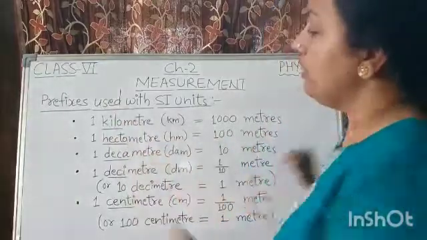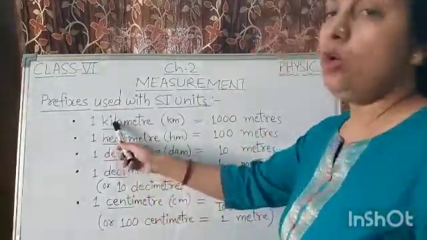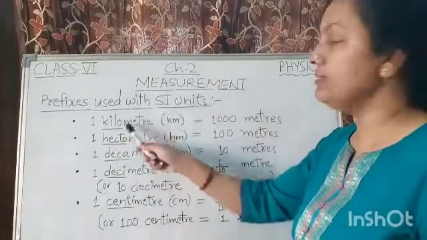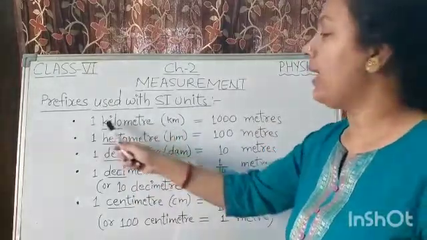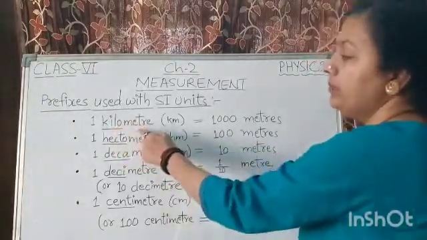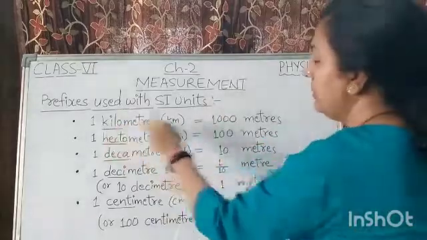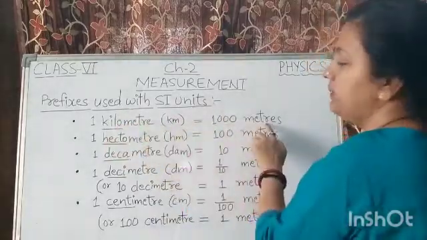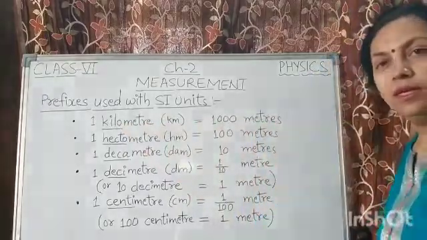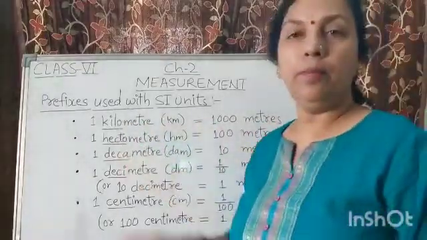So if we write kilo before the unit of length, that is meter, it becomes 1 kilometer. So 1 kilometer represents kilo, meaning 1000, and meters. So 1 kilometer is equal to 1000 meters. Clear? So here kilo is a prefix.